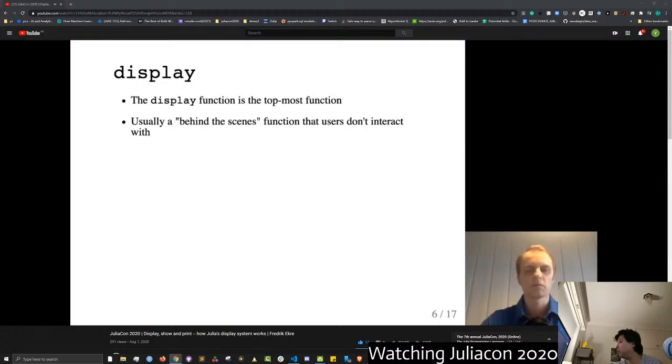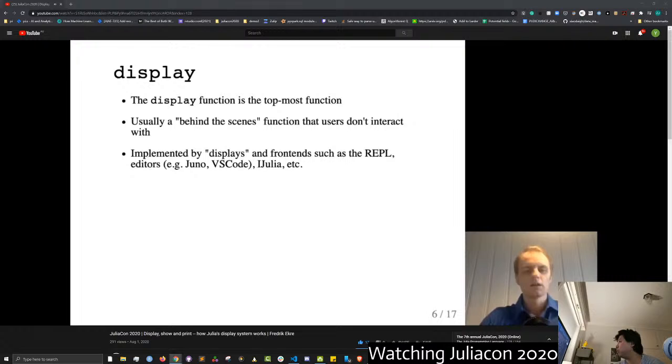Of course, it's sometimes convenient to call display on your object directly, but you probably don't have to implement anything for it. Instead, this display function is implemented by displays and frontends, such as the REPL, and editors such as Juno or VS Code and IJulia, for example.